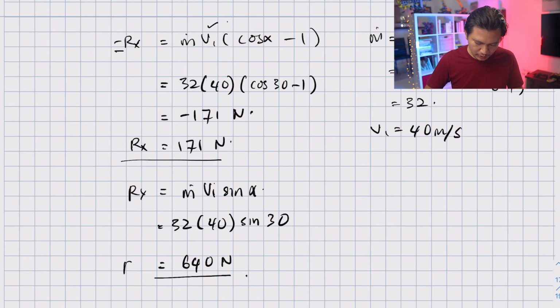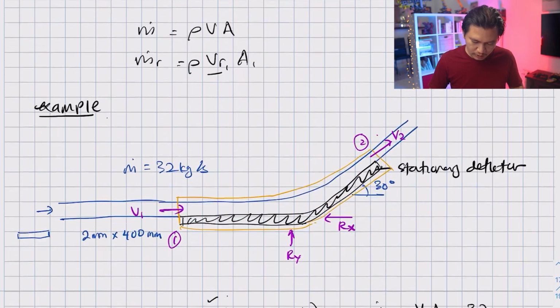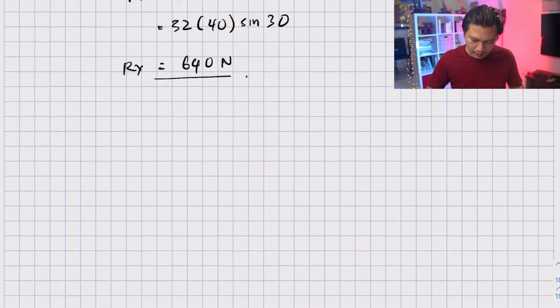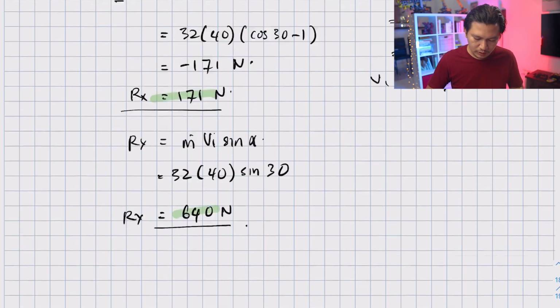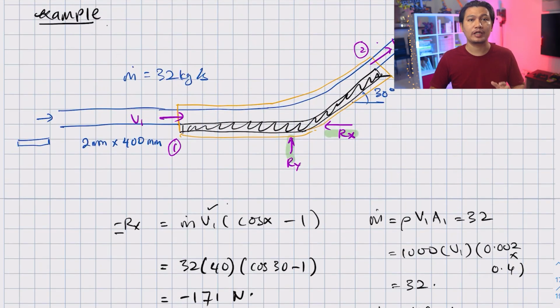That will be your answer for this problem: 171 Newton to the left, which is the direction of our Rx, and 640 Newton upward, which is the direction of Ry. I think this is quite a simple example.